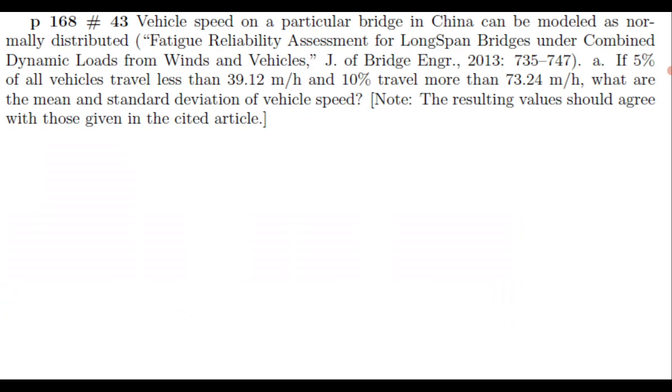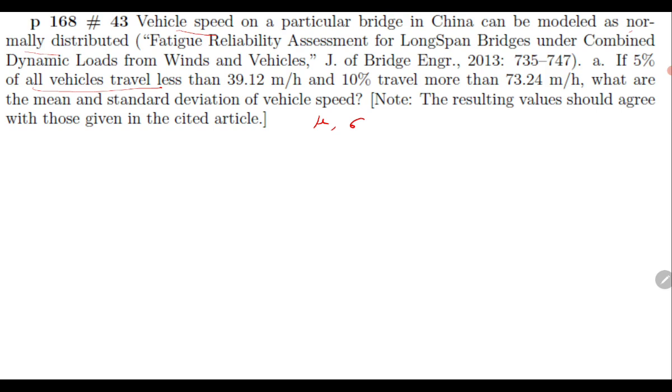So now there come the questions which are based on normal distribution. We say that the speed is modeled as normal distribution. If 5% of all vehicles travel less than this speed and 10% travel with more than this speed, find mean and standard deviation. So x is normal distribution, you need to find the mean, whose notation is mu, and standard deviation, which is sigma.